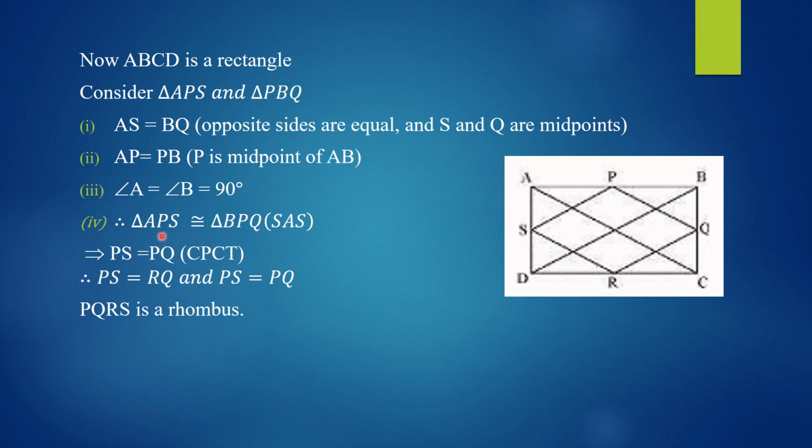Using CPCT, we can write PS equal to PQ. We already got PS is equal to RQ and now we got PS equal to PQ. This shows that all four sides are equal. Therefore, PQRS is a rhombus.